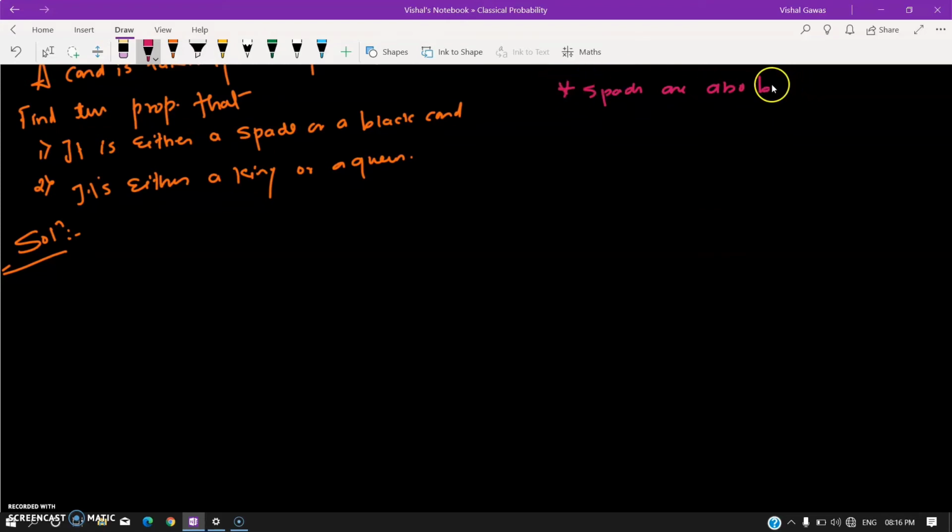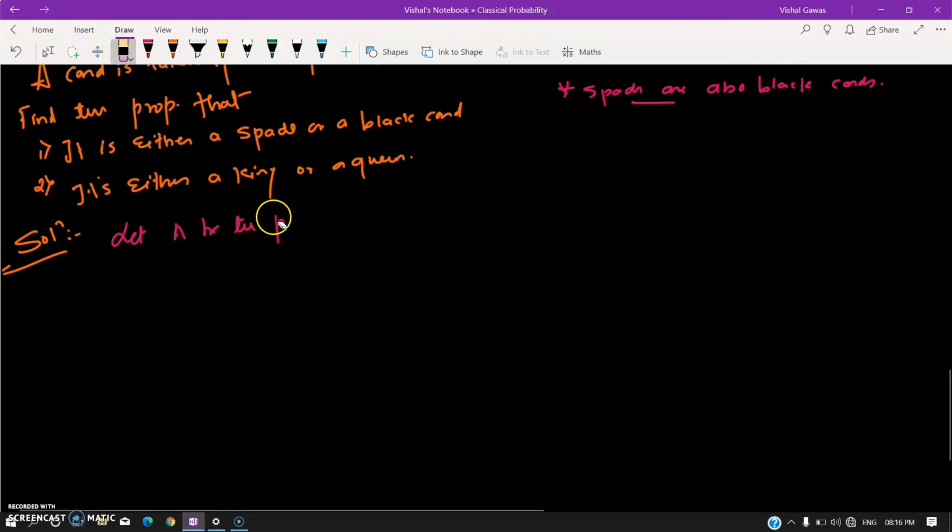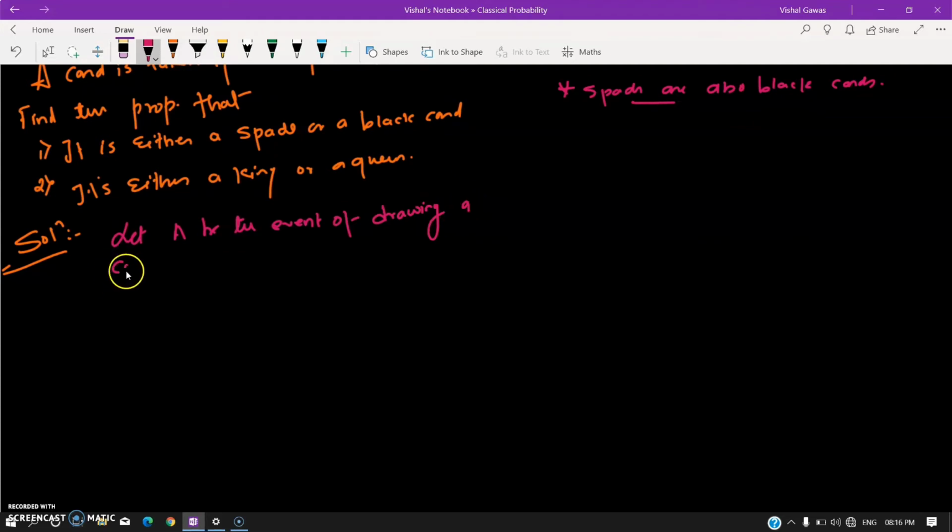So let A be the event of drawing a card which is a spade.